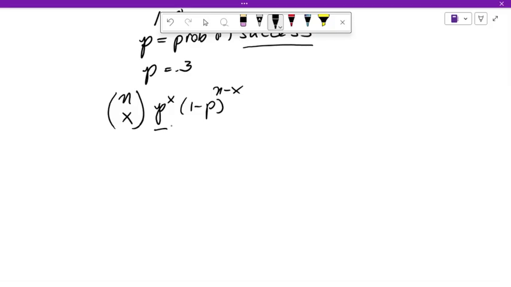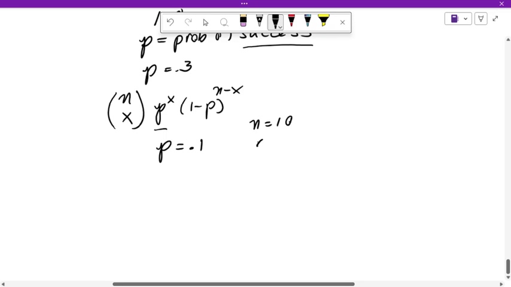So if I have a probability of success of 0.1, I have 10 things, and I want to know what the probability is of getting 3 successes with a chance of success of 0.1.